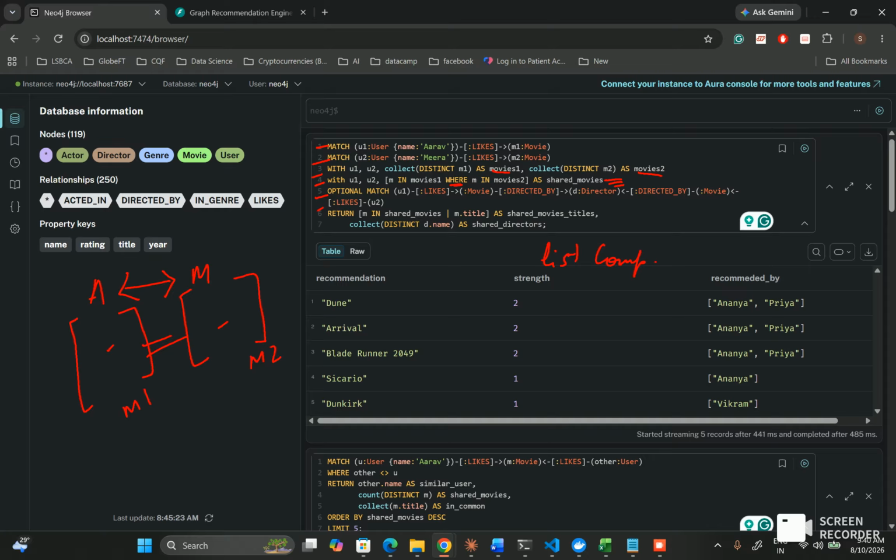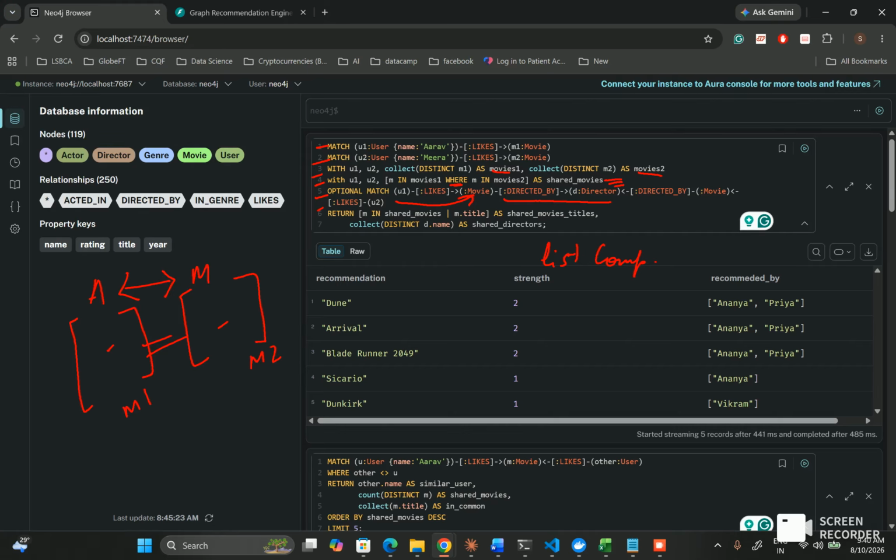It asks, does Arav like some movie by a certain director, and does Meera also like some movie by that same director, even if it's not the same movie at all? I repeat, it is some movie, not the same movie.